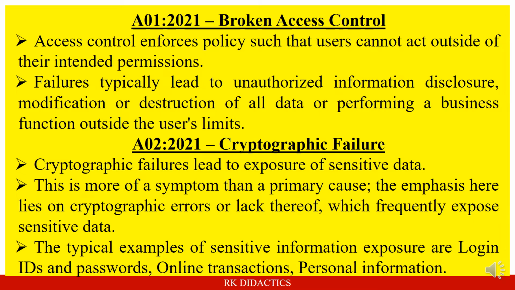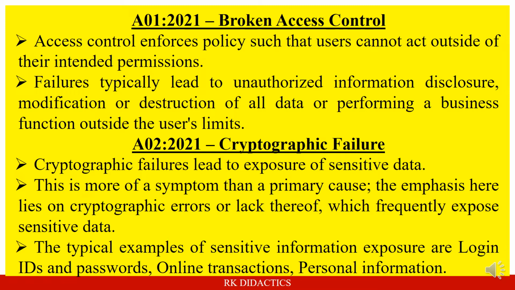But when someone gets access to that cryptography, it is known as cryptographic failure. This failure leads to exposure of sensitive data, because the data that was hidden, he automatically gets access to.